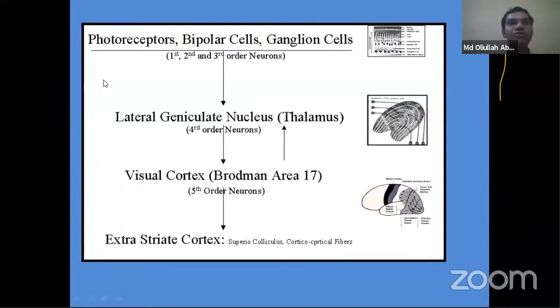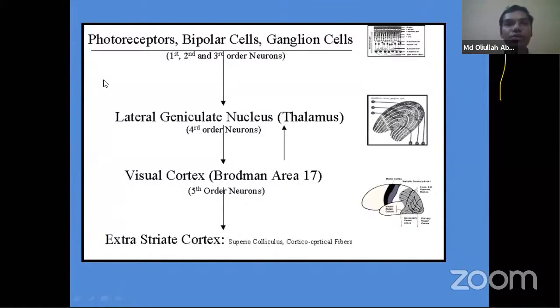So in the ocular process, the first order, second order, and third order neurons are monocular in nature. We need to remember there are two kinds of pathways in the visual system: one is monocular neurons, followed by binocular neurons.